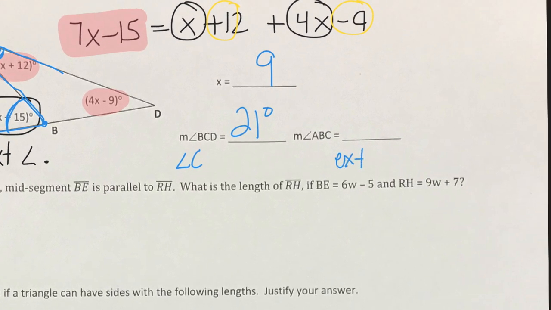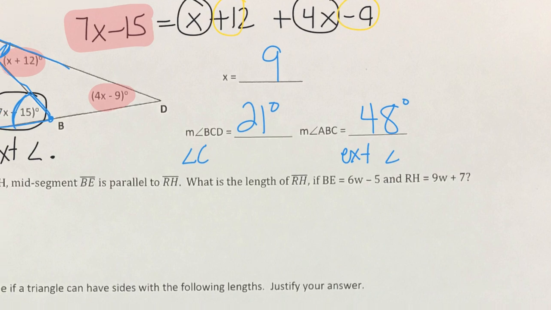So we're going to plug 9 into your exterior angle formula. 7 times 9 is 63. 63 minus 15 is 48 degrees. Once you plug it back in, now our answer has a degree on it. But x is not a degree, x is a number, x equals 9.